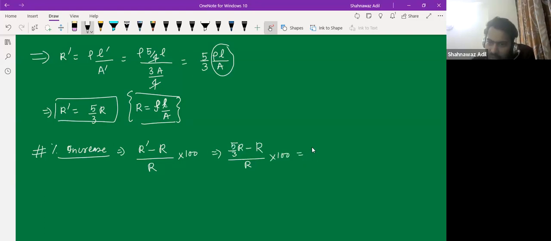This would be 5R minus 3R divided by 3, divided by R. So 2R divided by 3R into 100. R will cancel, and this would be 200 by 3.